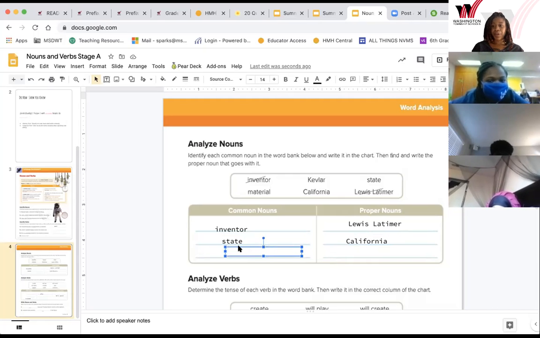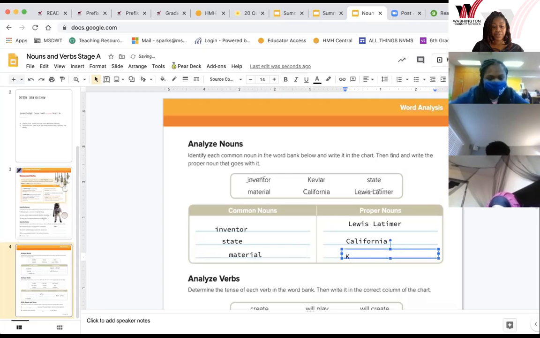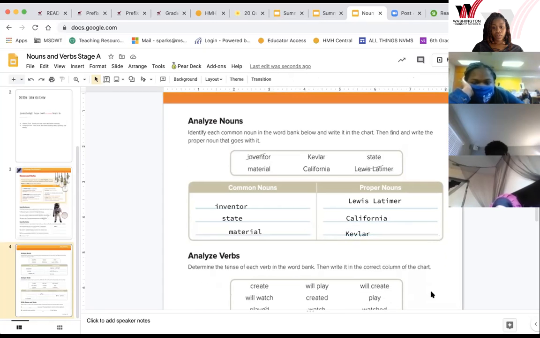Material. Yeah, material. Remember, material is very broad. It doesn't tell us what type of material. So the proper noun that goes with material will be Kevlar. That's a type of material. You see how common nouns are very broad, very general, and proper nouns are specific. They name a specific material, a specific state, and a specific inventor. All right, you guys good with those? Do you have those correct on your Google Slides?